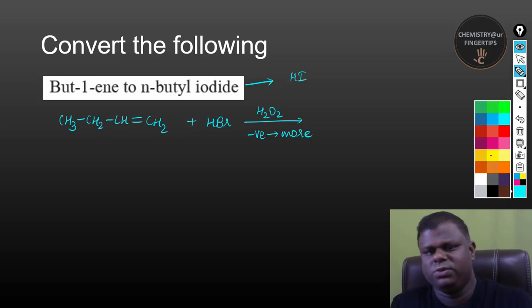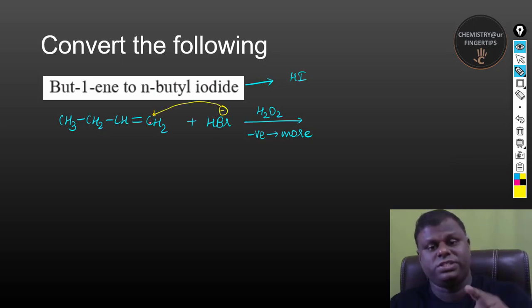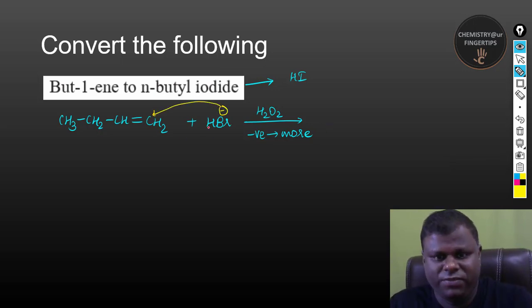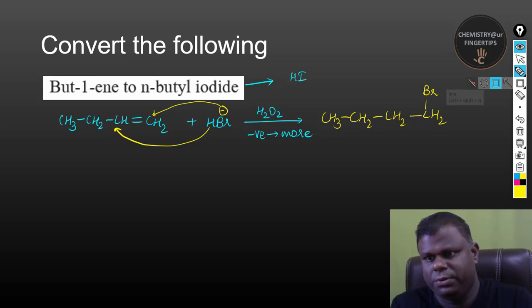So this is the negative part, and it's going to go to CH2 because it contains two hydrogens, so obviously hydrogen is going to go to CH. What do you get here? You get CH3, CH2, CH2, and then CH2 with a Br.